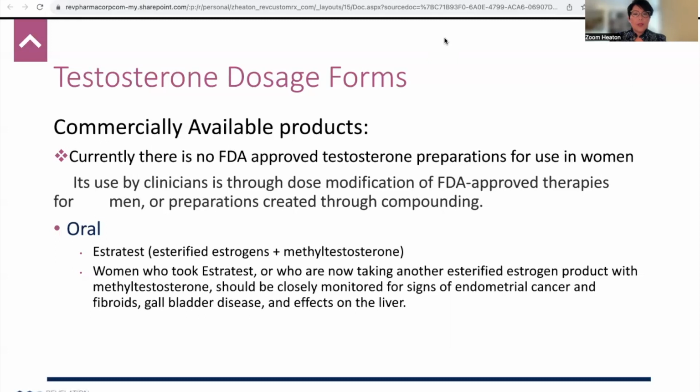It's not testosterone only. It's called Estrotest. It's esterified estrogens, which is a mixture of synthetic estrogens and methyl testosterone. And so if they are on this, they have to be closely monitored for signs of endometrial cancer, fibroids, gallbladder disease, and any effects on the liver, just because methyl testosterone is toxic on the liver.